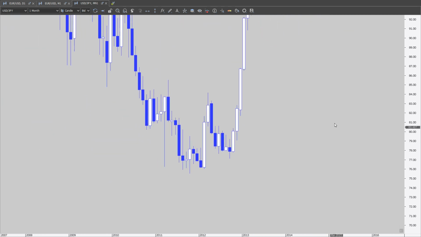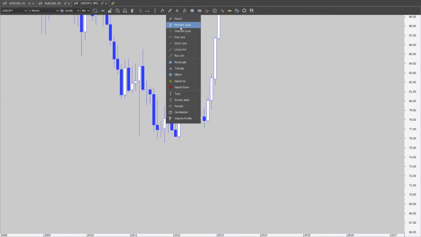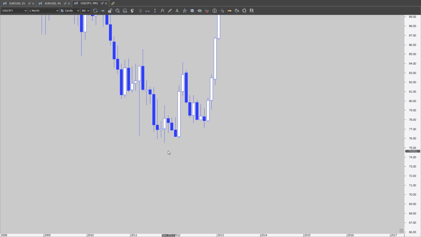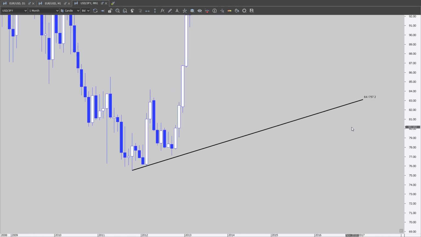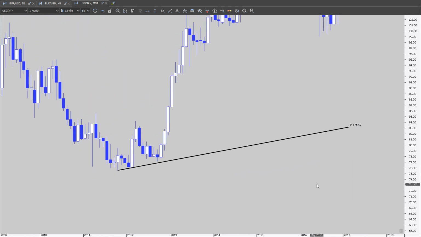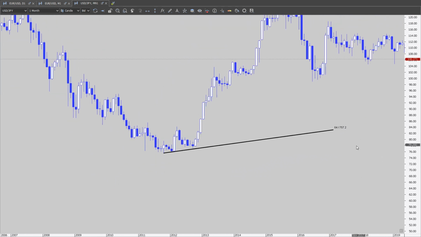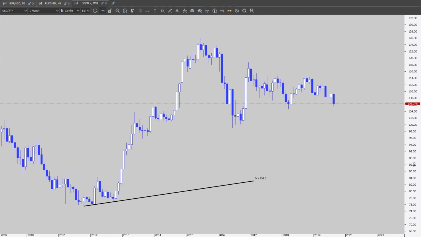I'm going to stretch it and move it slowly with the mouse. Up, up, up. There you go. So this is my long-term uptrend line, and I'm going to stretch it even further.